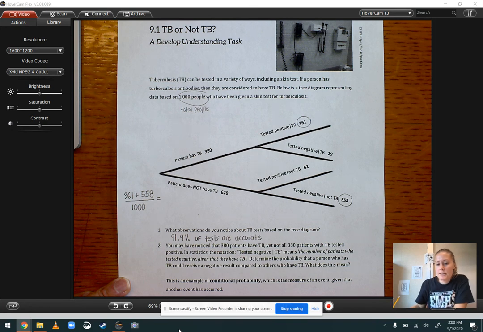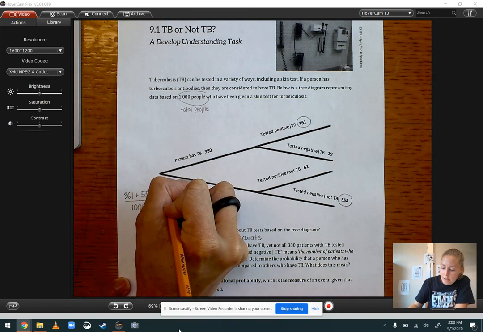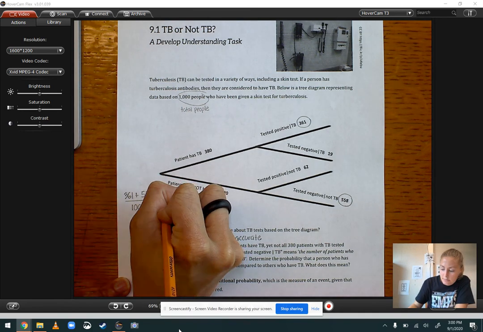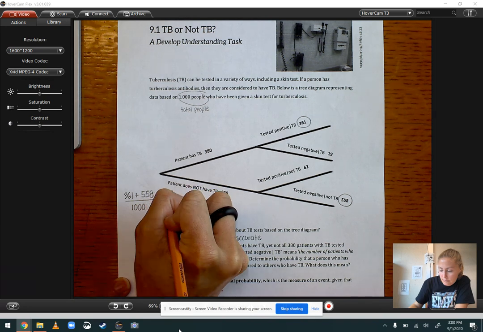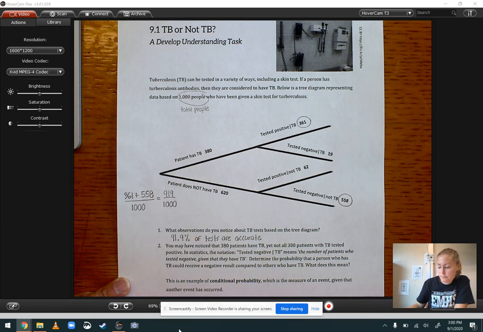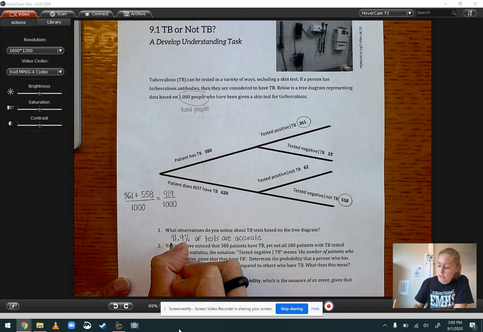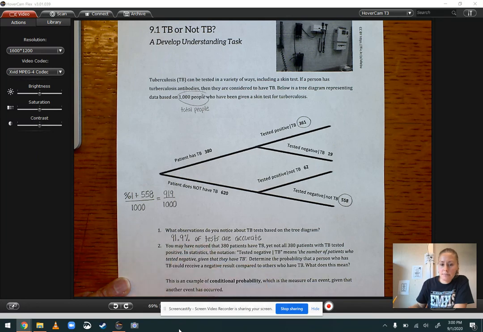So 361 plus 558 is 919, which turns into 91.9%.